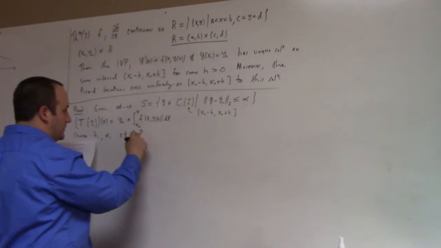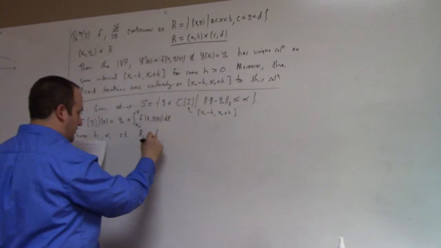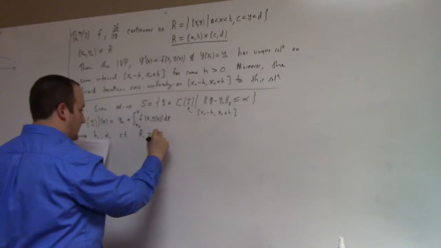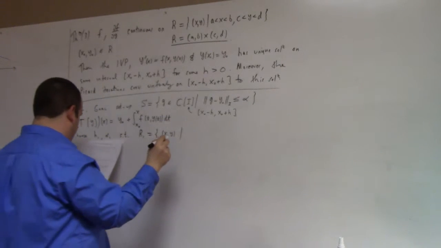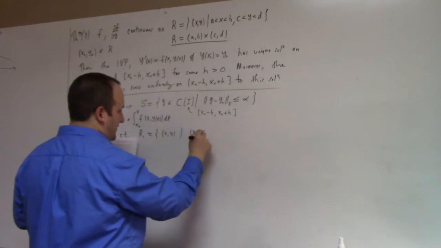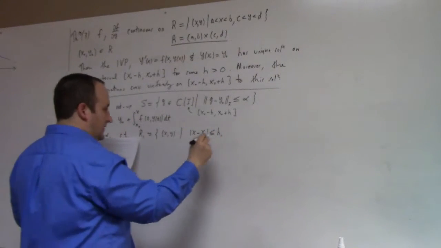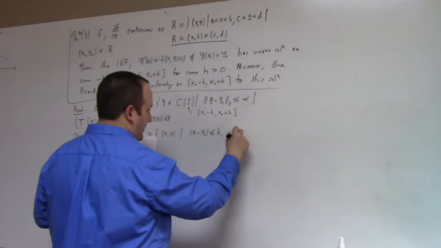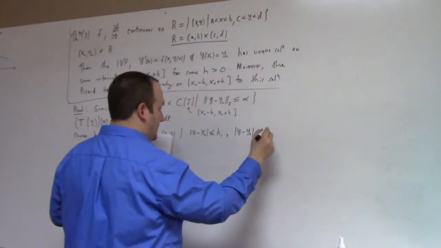R1 is equal to the set of x, y such that the absolute value of x minus x naught is less than or equal to h1, and the absolute value of y minus y naught is less than or equal to alpha 1.